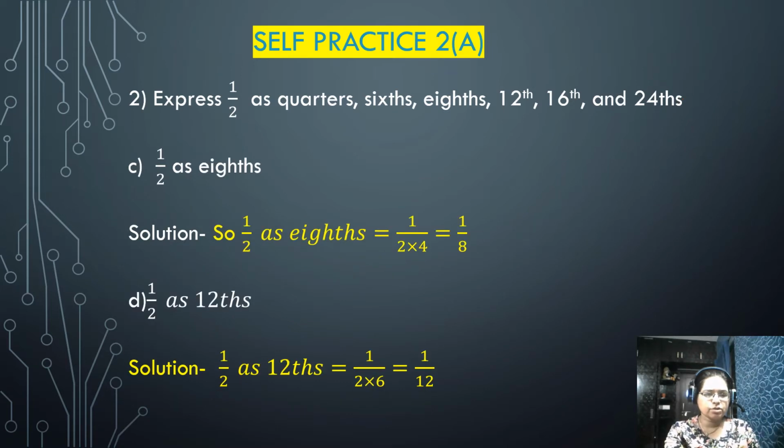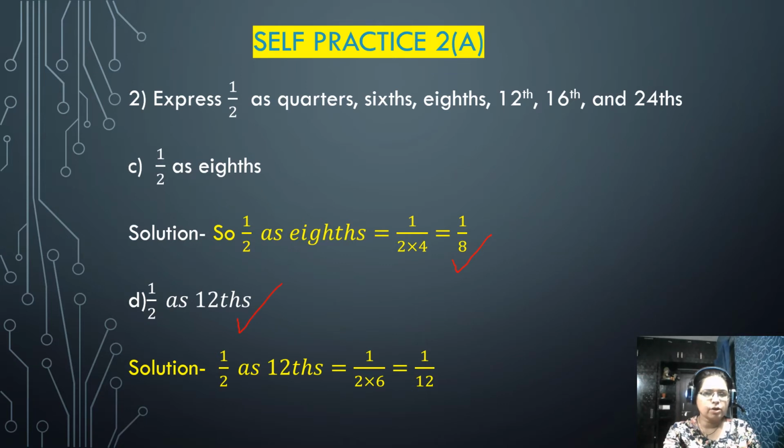Now we will express half in eighths. Half in eighths equals, 2 multiplied by 4 is 8. So 1 divided by 2 multiplied with 4, we get 1 divided by 8. Now part D. We express half in twelfths.